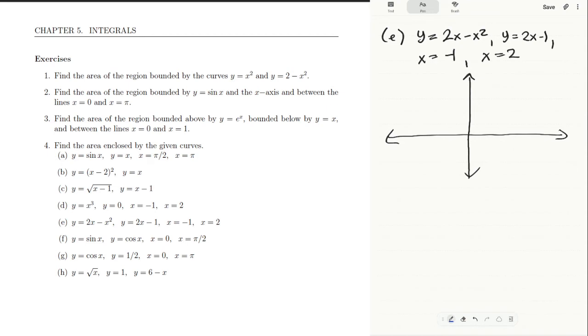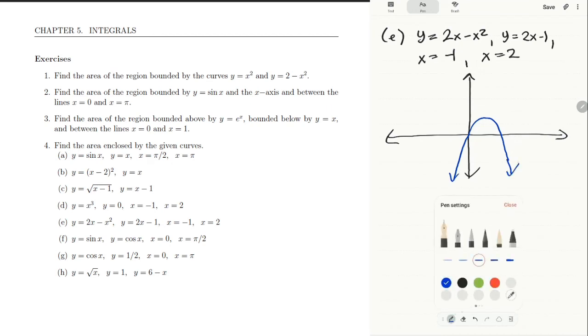So the function 2x minus x squared is the parabola which opens downwards. And the line 2x minus 1 is the line that passes through the curve.